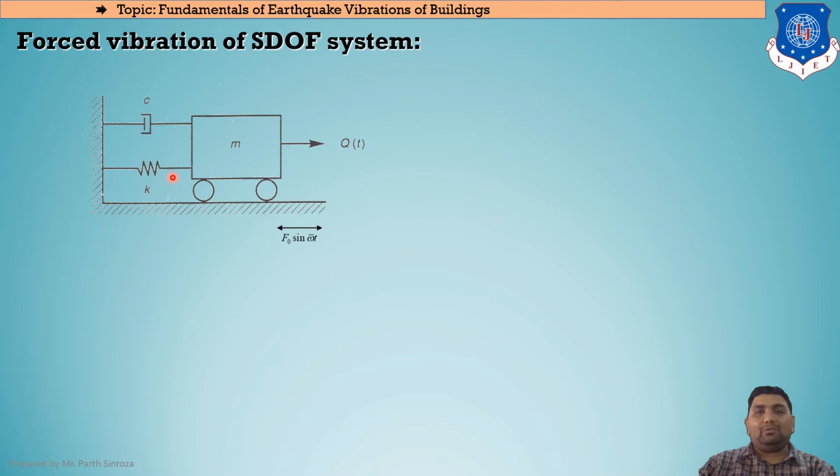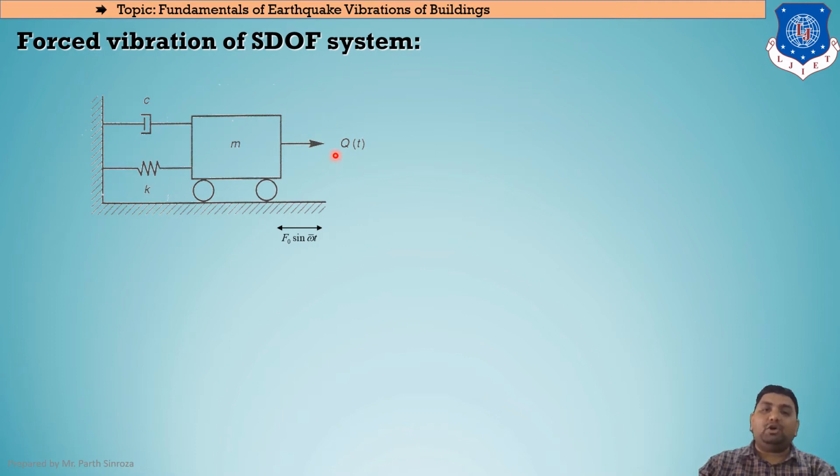Considering a body of mass m, moving on a rigid surface and connected to a rigid surface via a spring and a dashpot, or you can say damper. Clear? The damper is always represented by C, the damping coefficient, and the spring is always denoted by K, the stiffness. Clear? The external force applied is Q of t, or F of t.